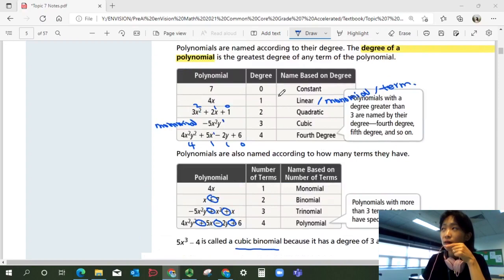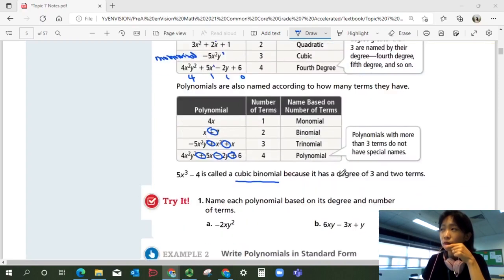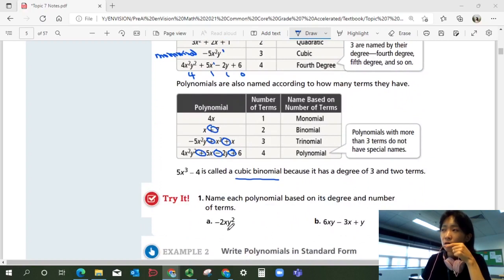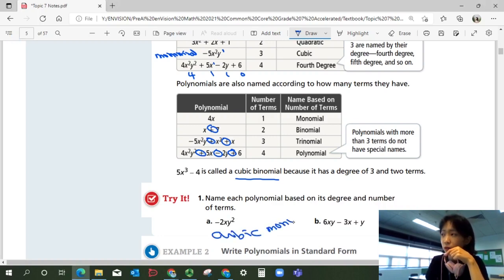So you will have a monomial. And what is the degree? X has a degree of 1, Y has a degree of 2. So 1 plus 2 is the degree of the monomial, which is 3. So cubic monomial is the polynomial name for A.